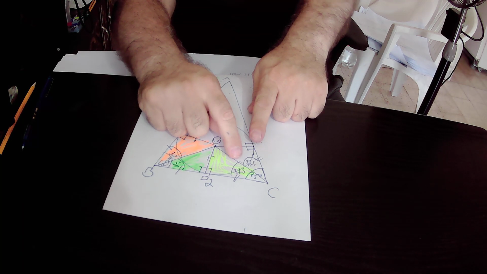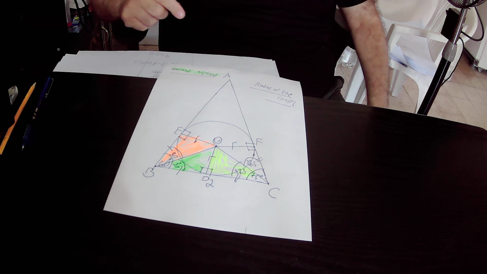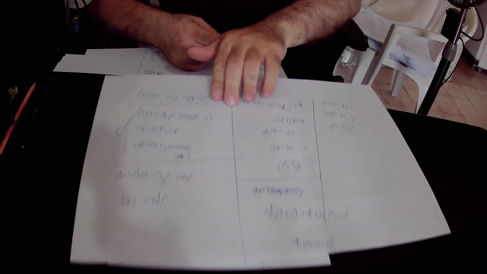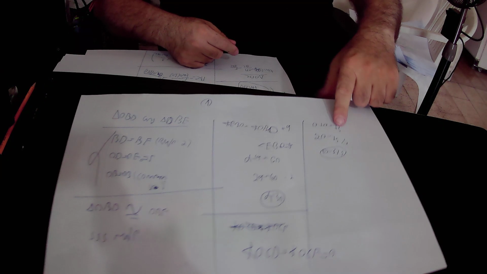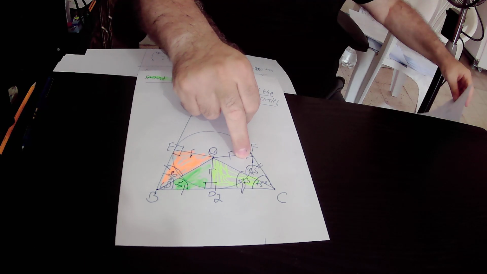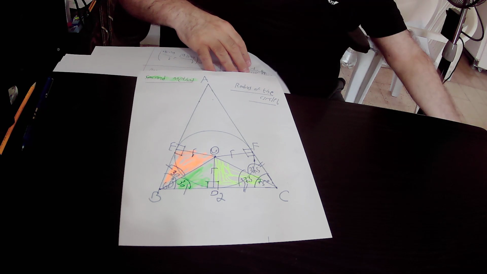So theta plus theta equals 75 degrees according to what is given in the question. 2 theta equals 75 degrees. We divided this equation by 2 and found that theta equals 37.5 degrees. Here theta equals 37.5 degrees, and this angle theta is also equal to 37.5 degrees.